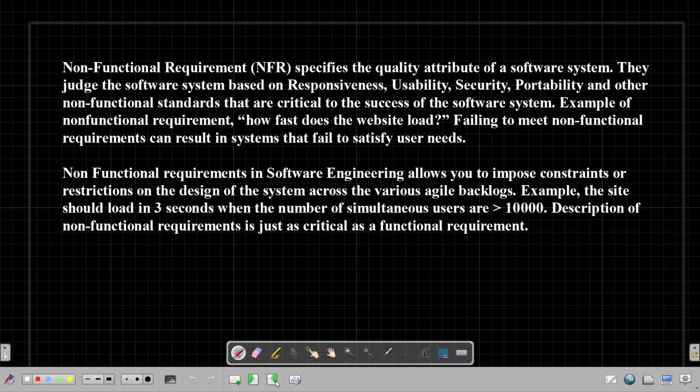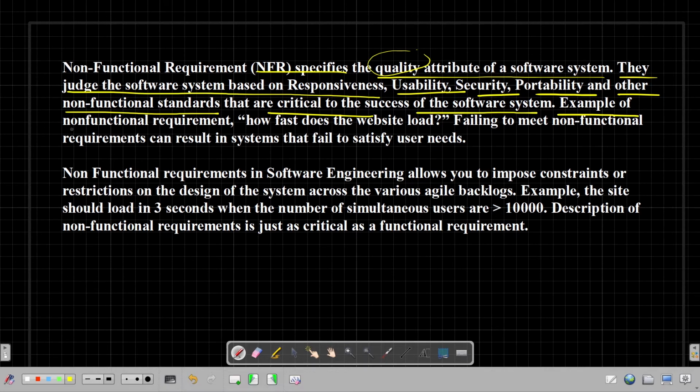So non-functional requirements, or NFR, specify the quality attributes of a software system. They judge the software system based on responsiveness, usability, security, portability, and other non-functional standards that are critical to the success of the software system.